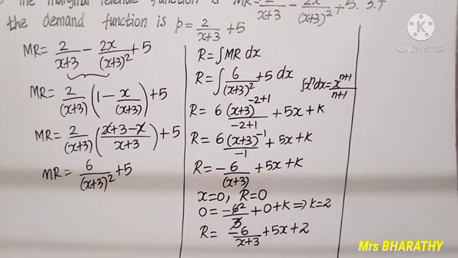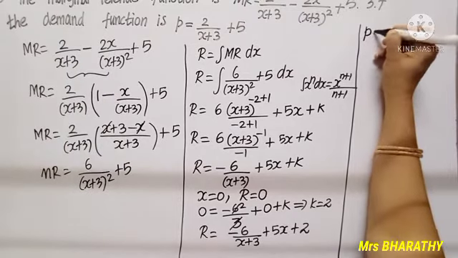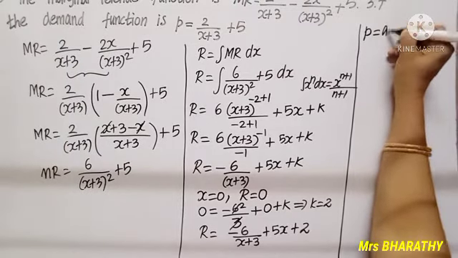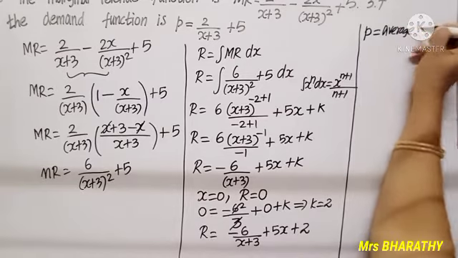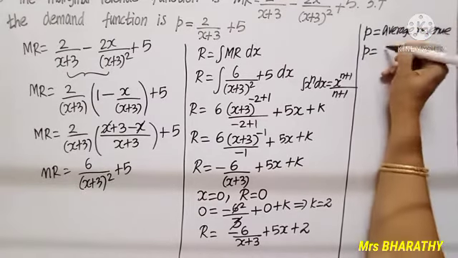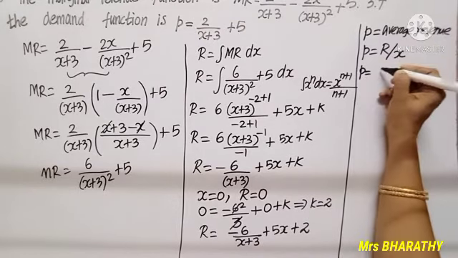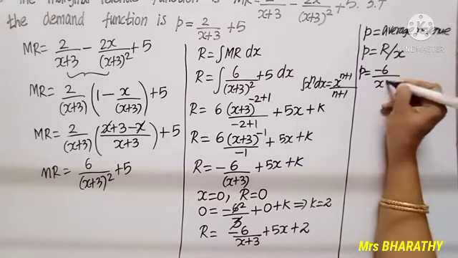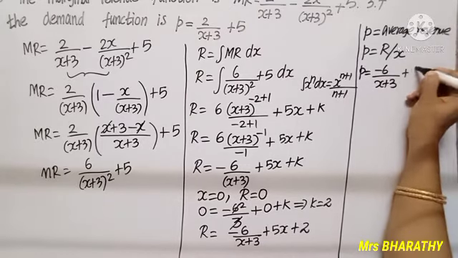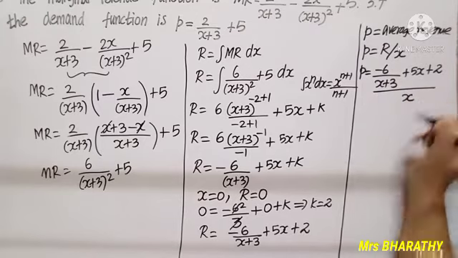My question is to find the demand function, that is small p, which is nothing but average revenue. So small p represents capital R, revenue, divided by x. Minus 6 by (x plus 3) plus 5x plus 2, divided by x.